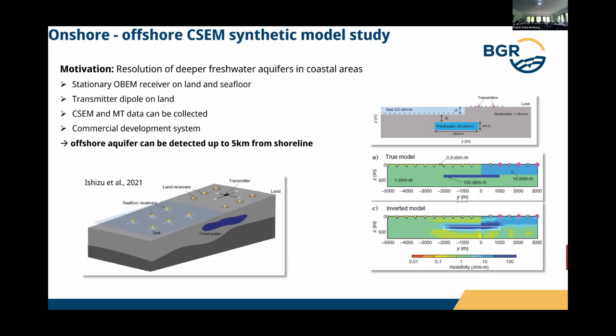And this is the inverted model. So he generated a forward response. We will talk a bit more about that tomorrow. He generated synthetic data from this model and put them in an iterative inversion algorithm. That's the model he got.